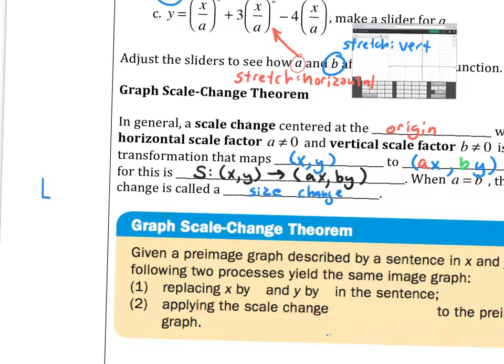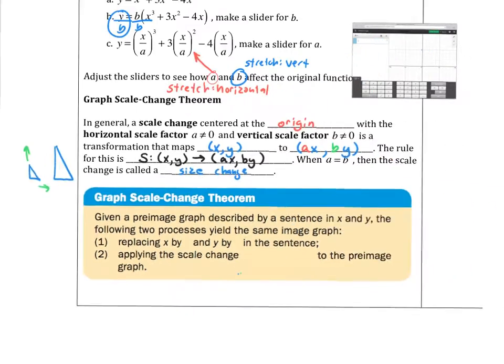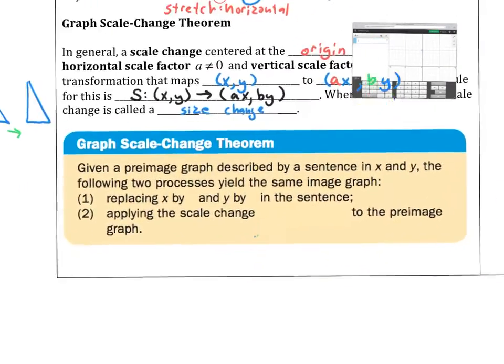If I have a triangle this size and I double this and I double this, I now have similar triangles. In other words, the same shape but different sizes. So when you multiply both the x and the y by the same number, it's a scale change or a size change. So in other words, it keeps the similarity. The same shape but a different size, as opposed to being overly stretched out in one direction.